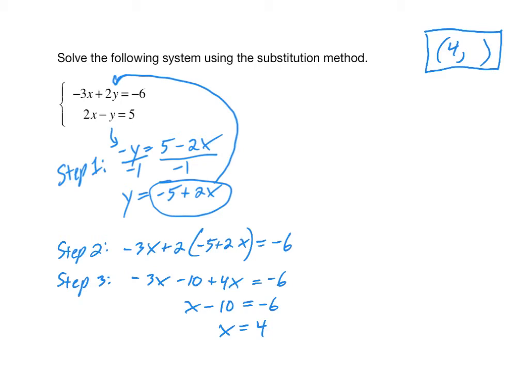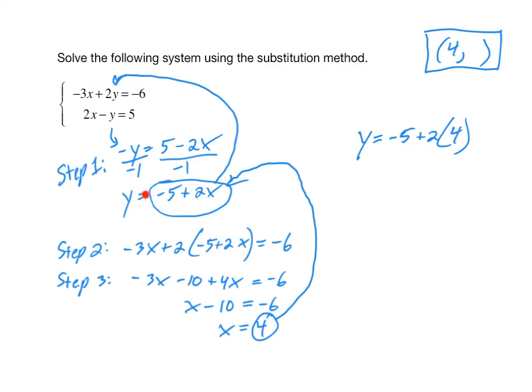To find out what that something is, take this 4, which is the value of x, and plug it in, and it doesn't matter which one. It could even be this one right here. Plug that in for x to solve to get the value of y. So y equals -5 plus 2 times, in place of x, I've got 4. You could have plugged that value of x equals 4 into this equation or this equation.